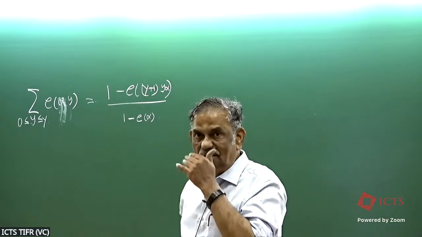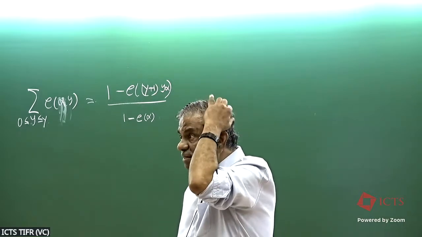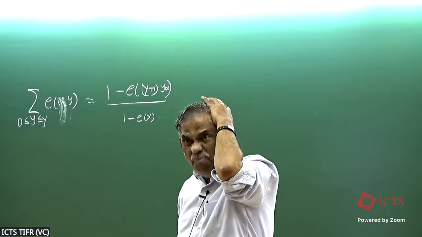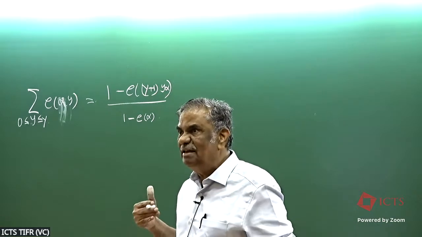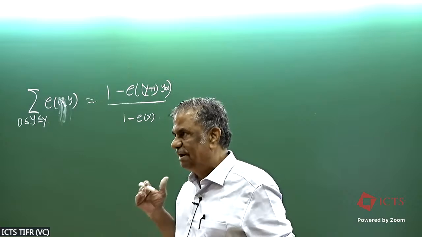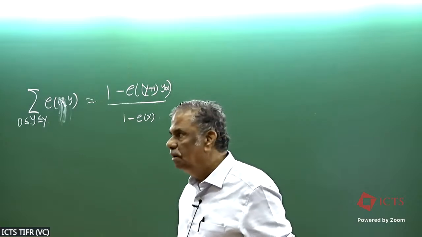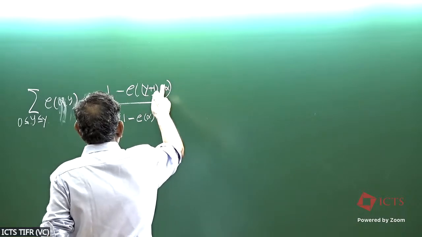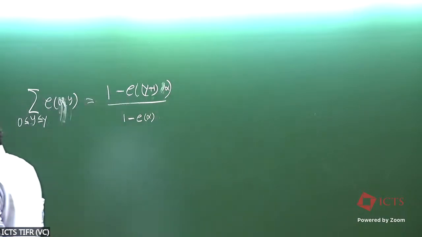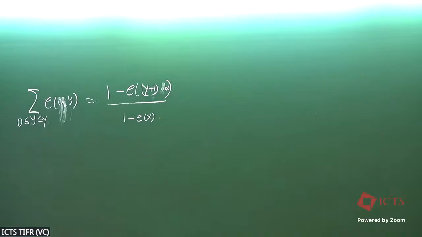Okay? This, of course, is somewhat a complicated thing. But I want to write it as an estimate which is better. There will be no small y, yes. But in any case, after one step, that will disappear anyway. Okay.